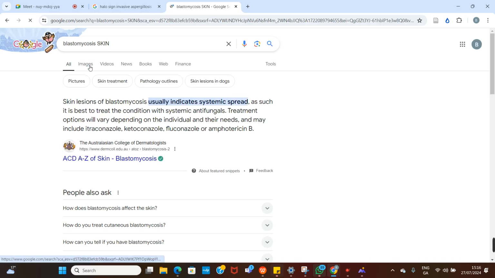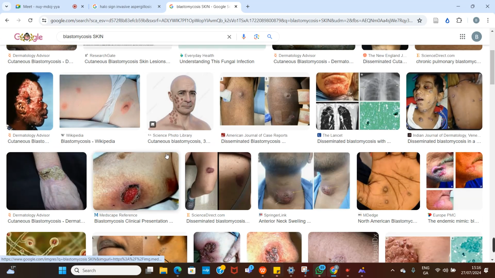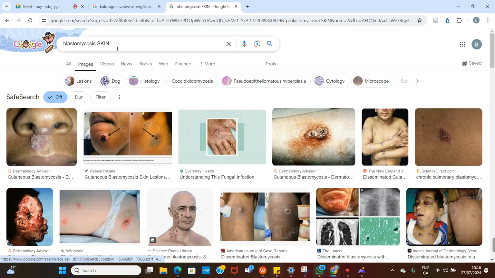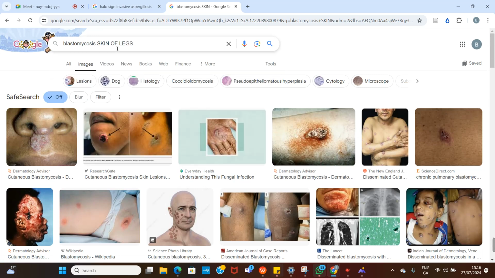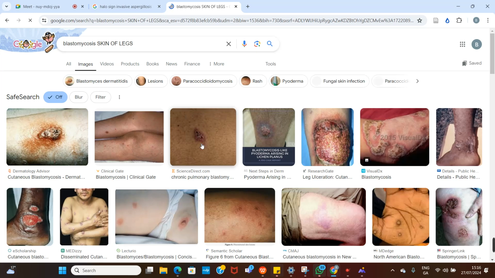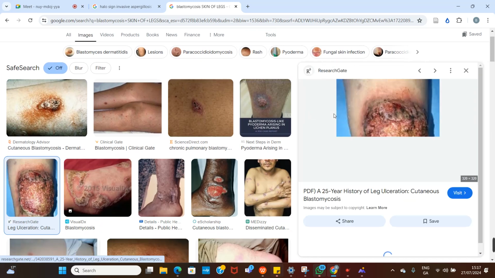So it's very easy. Let's see, legs. Something like this.